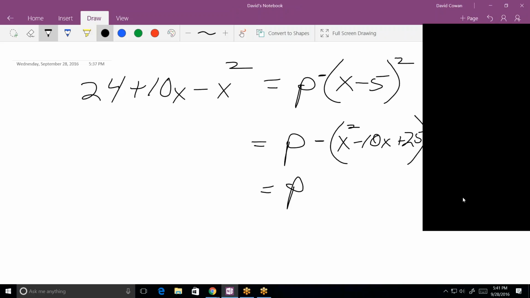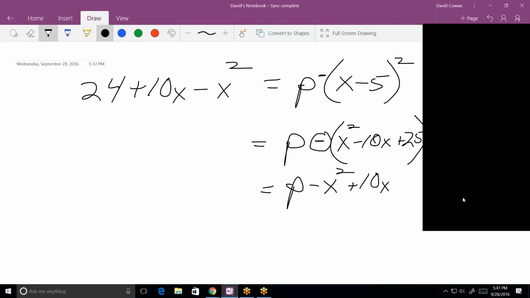So if I remove these parentheses, what do I have? You just have negative x squared minus 10x plus 10x. In other words, this minus sign has to be applied to every term in the parentheses. That's why the parentheses are so important. So would it be a minus 25?